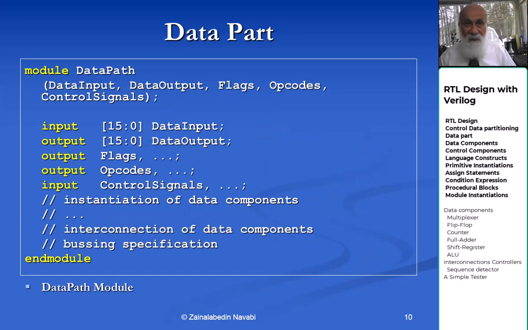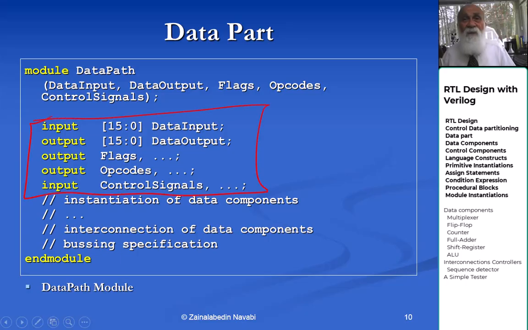But all in all, what we will be showing is some of the components that go in the data path. Describing a data path in Verilog may look something like this. It has data inputs, outputs, flags, opcodes as outputs, and control signals as input. To declare those, I can either have in the header part, I can say input such and such, output such and such, or maybe I can just make a list of all my inputs and outputs and then declare them down here.